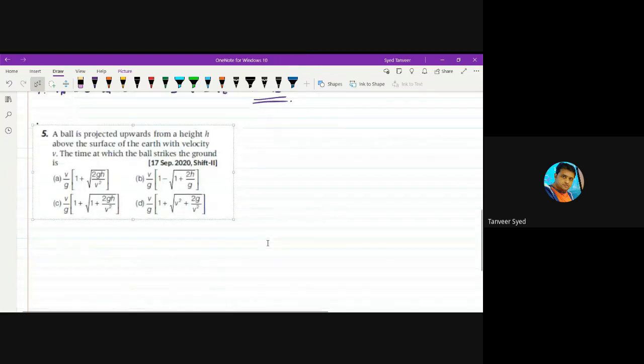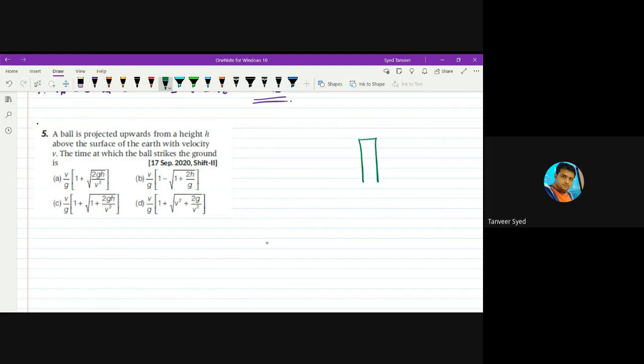A ball is projected upwards from a height h above the surface of Earth with velocity v. The time at which the ball strikes the ground is asked. Okay, situation is like this. This is some height h.